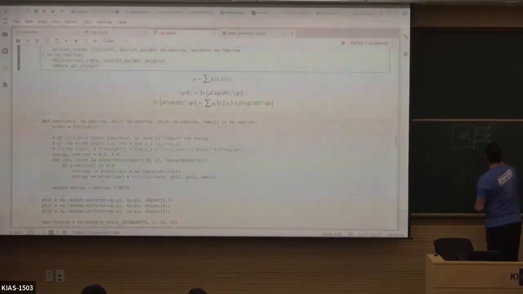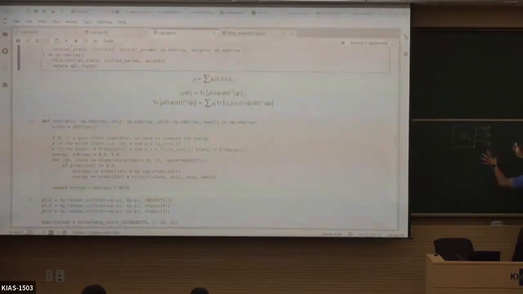This is giving me the probability distribution of each and every option in my configuration. And then I'm putting them into the second circuit, QC2. And then from here, I'm going to calculate the expectation value of the Hamiltonian.